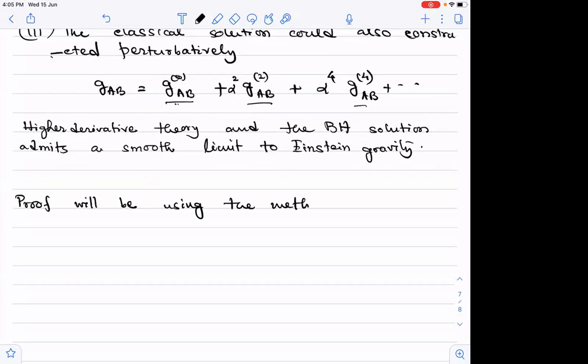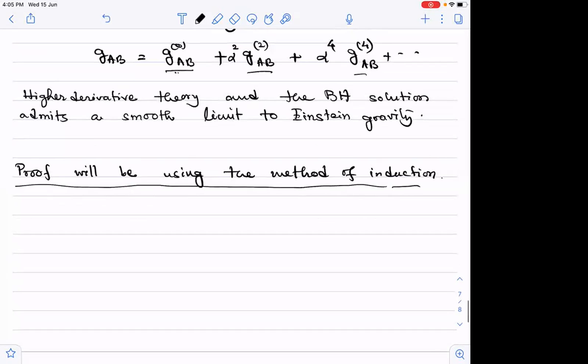We'll first state it for Einstein gravity, which is well known: in Einstein gravity the temperature is constant, so everything makes sense in black hole thermodynamics. Then we'll assume that it is true for alpha to the 2m order. If the temperature is constant up to alpha to the 2m order, it will be constant at alpha to the 2m plus 2 order. So that is the proof.